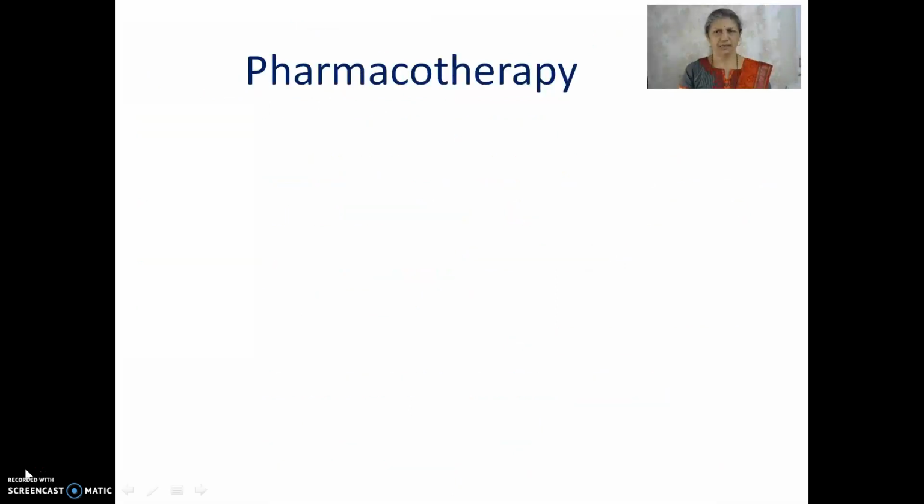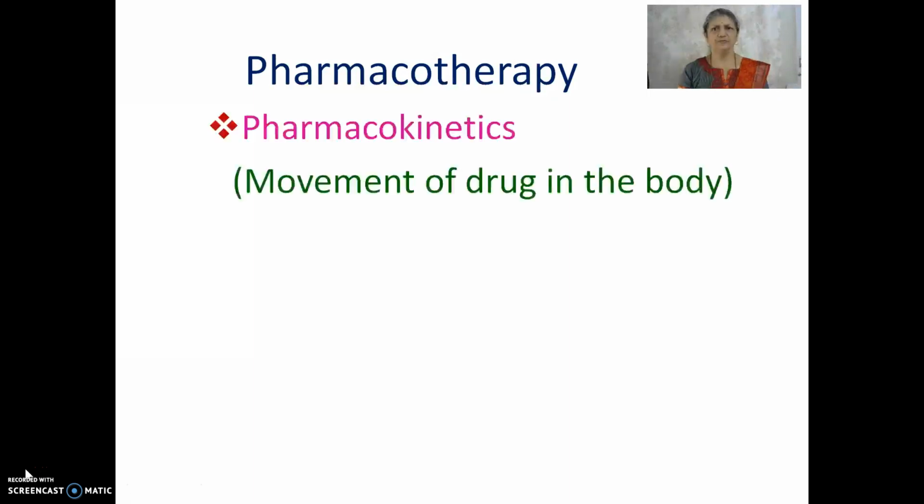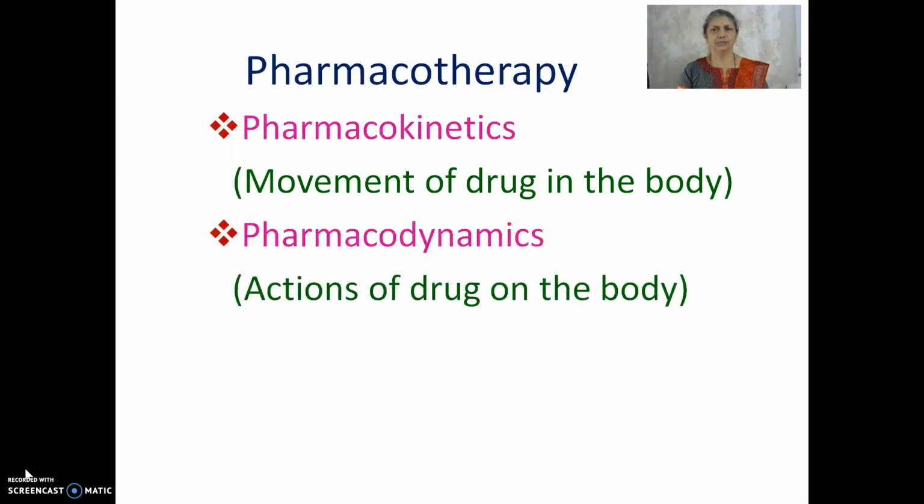Thus, in short, pharmacotherapy, that is, use of drugs to treat any clinical condition, depends on sound knowledge of pharmacokinetics, that is, movement of the drug in the body, and pharmacodynamics, what the drugs can do to the body. Both of these are governed by some general principles, the general rules of the body, which we must know.